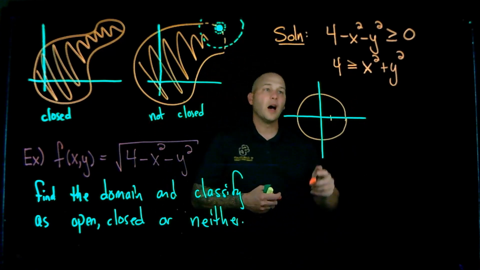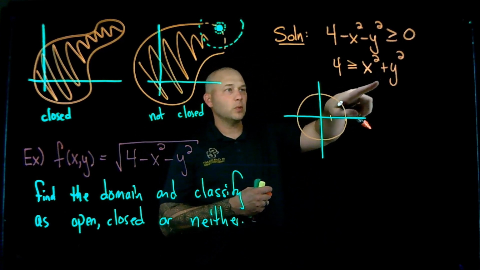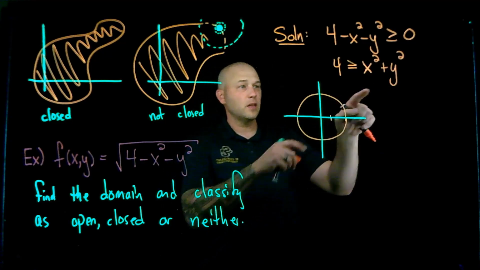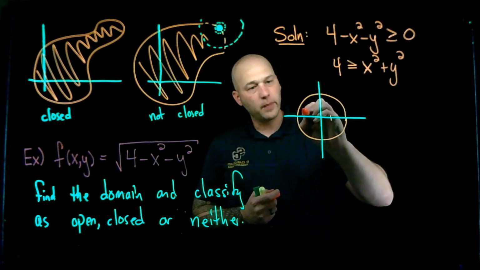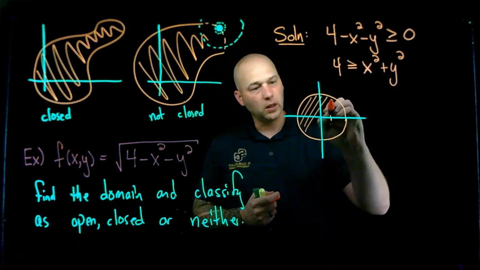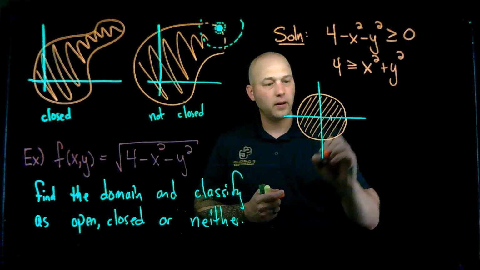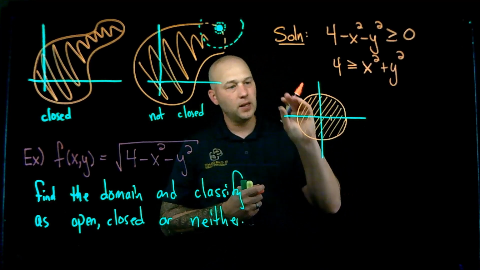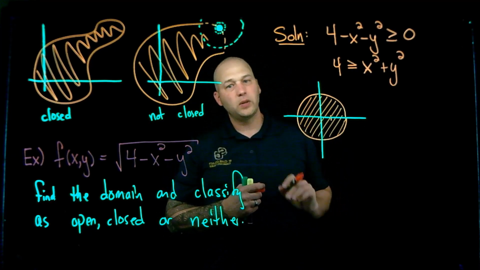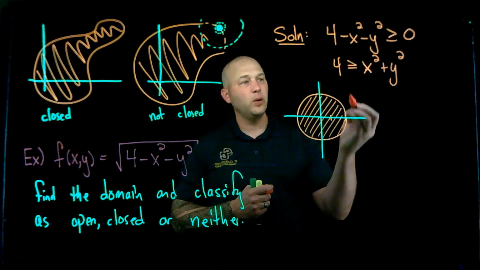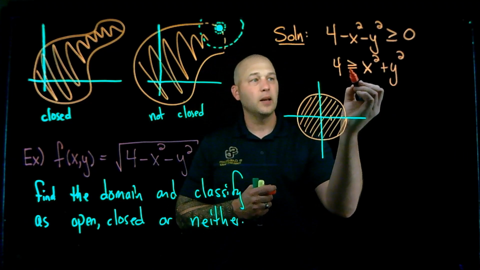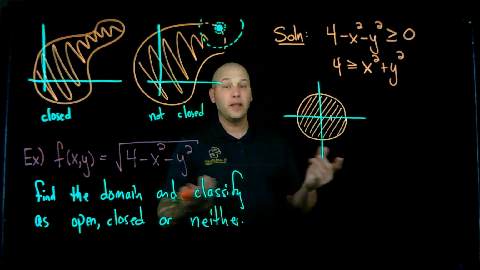I don't care. So 4 is greater than or equal to x squared plus y squared. So that means that the value of x squared plus y squared has to be smaller than 4. That means that it is going to be the inside of this. So this is the disk of radius 2 centered on the origin, and notice that the boundary is included because I've got an equal to sign in the inequality, right?